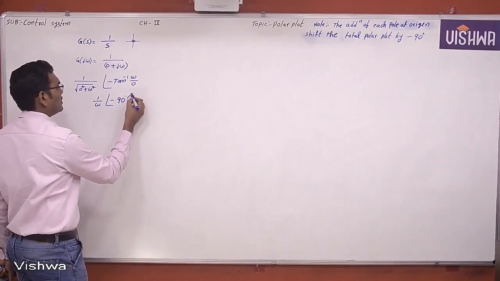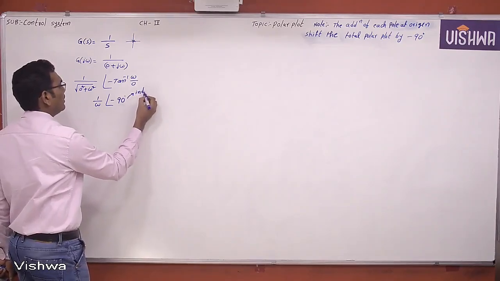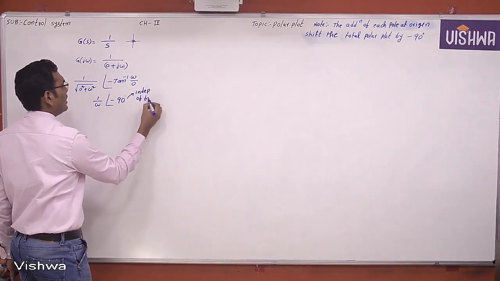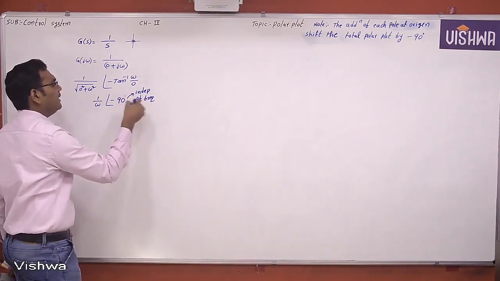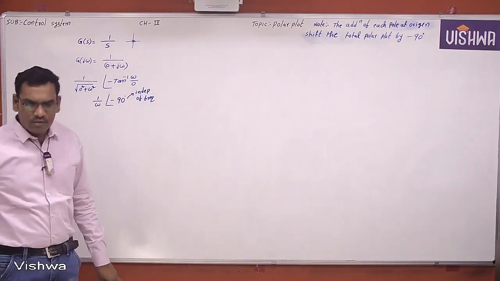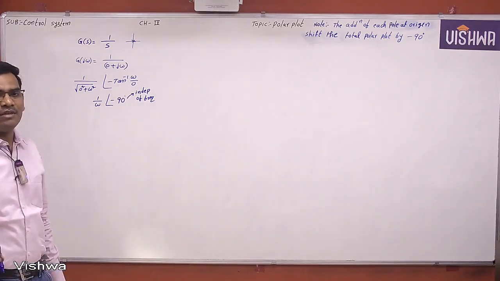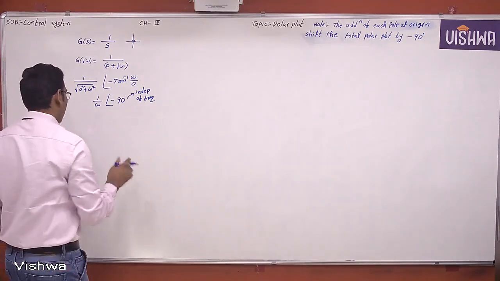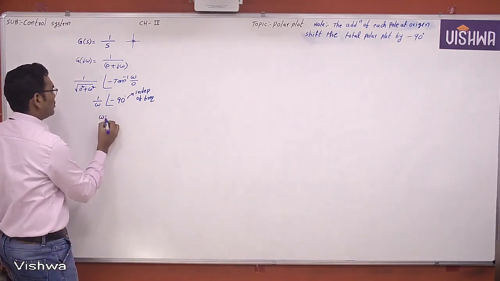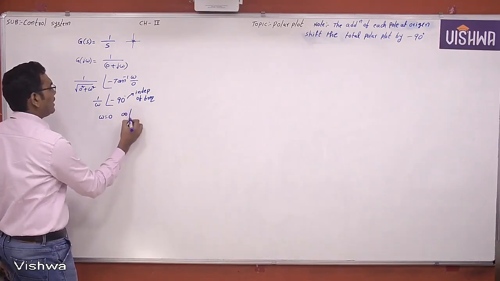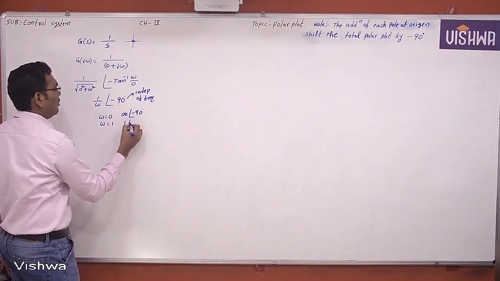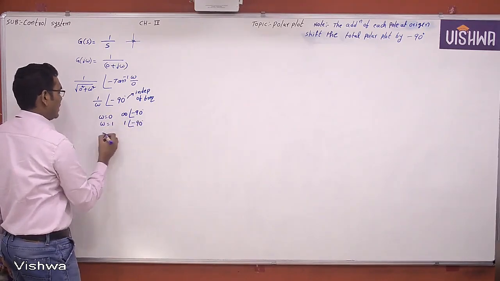Now the phase angle you just observed is completely independent of frequency. Phase angle independent of frequency means you can apply all the frequencies. Omega equal to 0: infinity at angle of minus 90 degrees. Omega equal to 1: 1 at angle of minus 90 degrees.